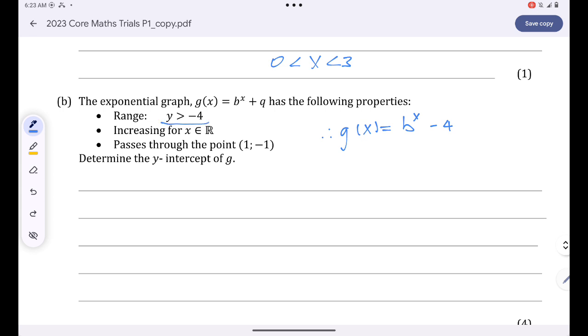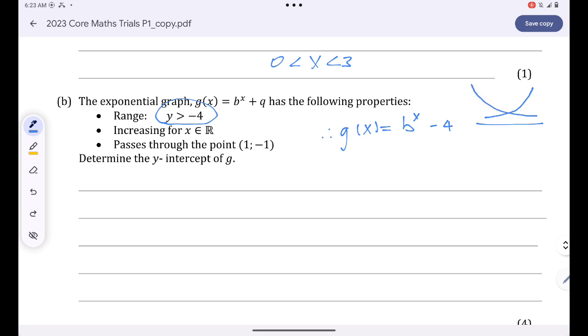Since the graph will be above the asymptote, I know that the coefficient of b squared is a positive number. So my graph will be either increasing above the asymptote or decreasing above the asymptote.